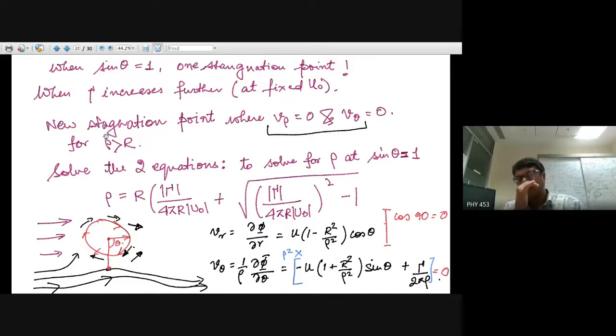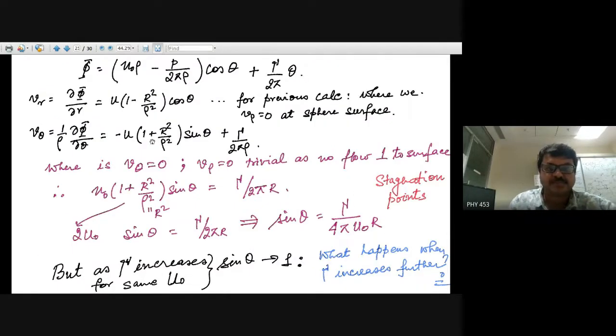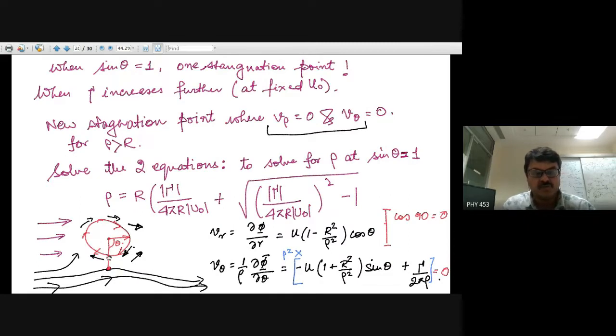Previously we were using the boundary condition where rho is equal to r, but now you won't have a solution for rho equal to r. Instead, you have to consider rho greater than r, and the stagnation point will essentially move from the surface to outside. We'll see how the plot looks. So what you will have to now match are the two boundary conditions at, so v r, the velocity of r, at some value rho.